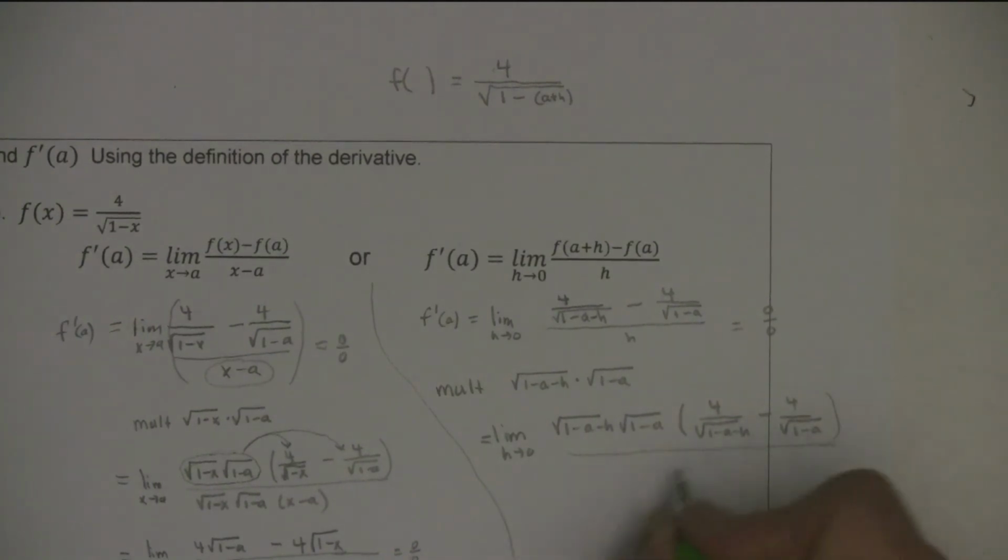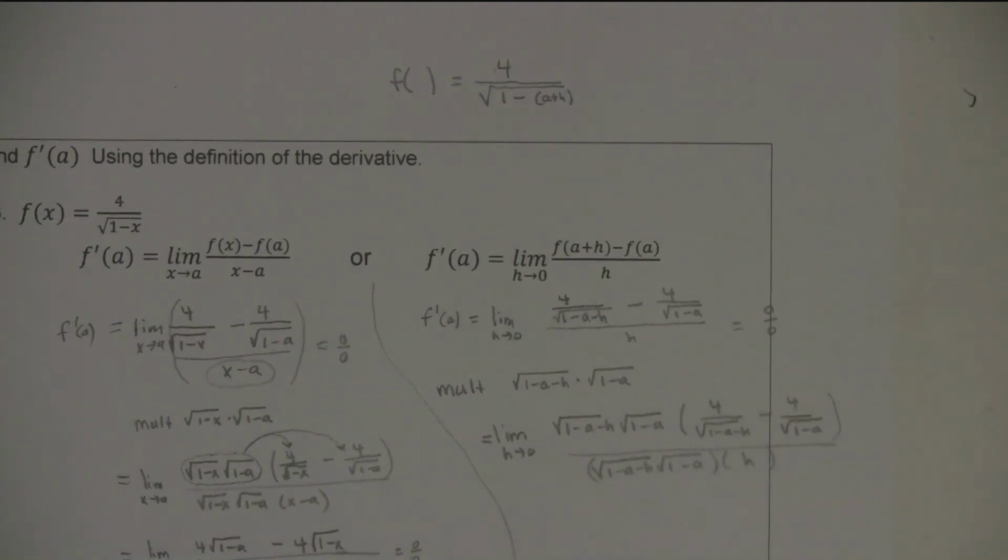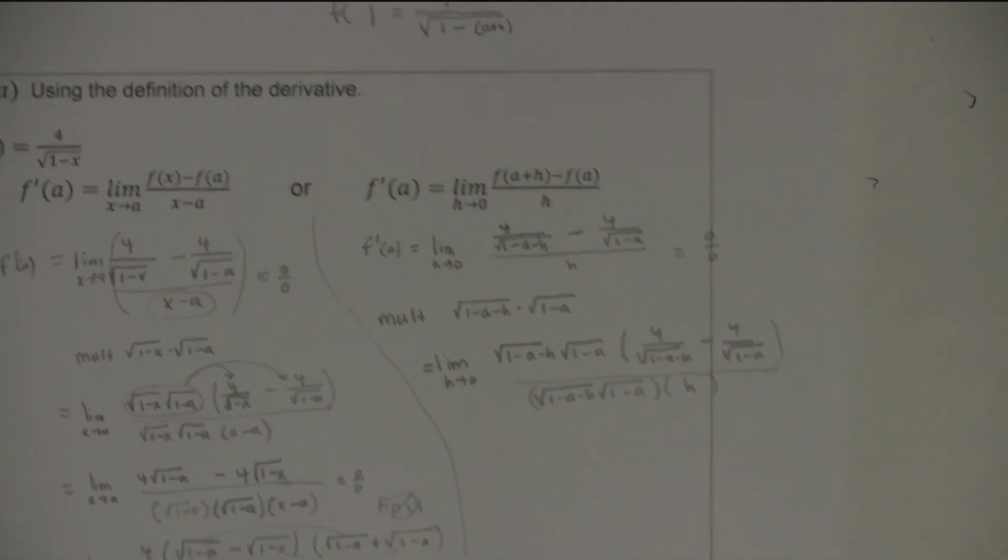So I'm going to do that to the numerator, and I'm also going to multiply by the same thing in the denominator, because what you do to the numerator, you've got to do to the denominator, times h, right? I'm going to write it like that.